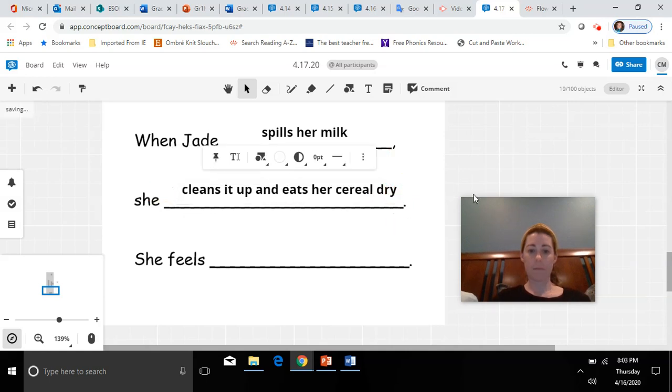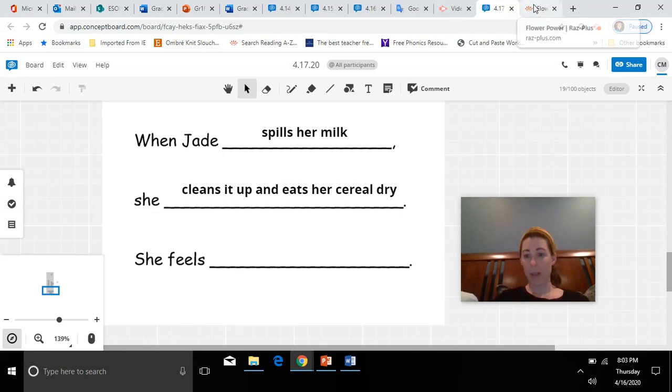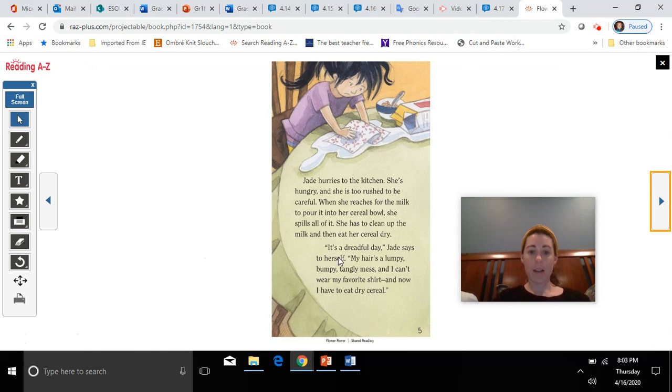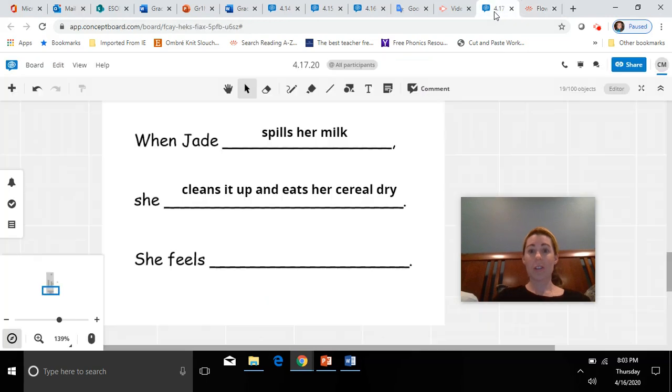Okay. So that's how she responds. How did she feel after doing that? She says, it's a dreadful day. Okay, so we remember that the word dreadful is not a good thing. So she feels, let's use a different feelings word this time.